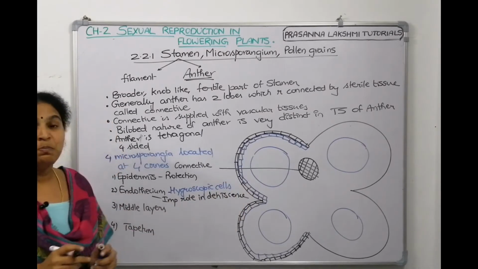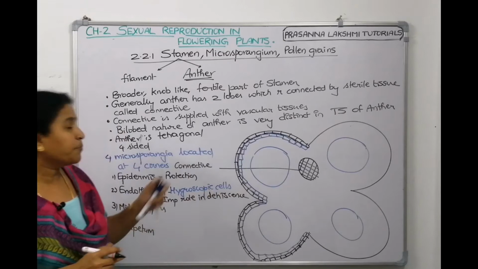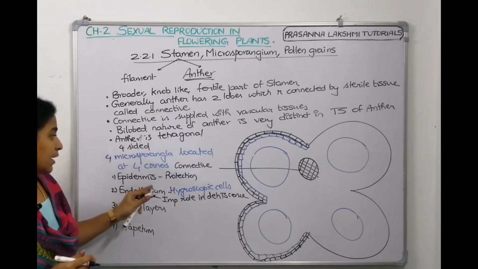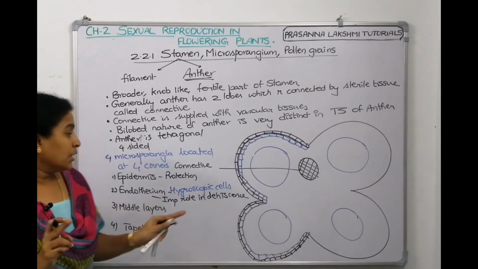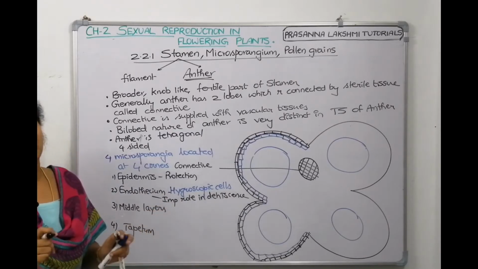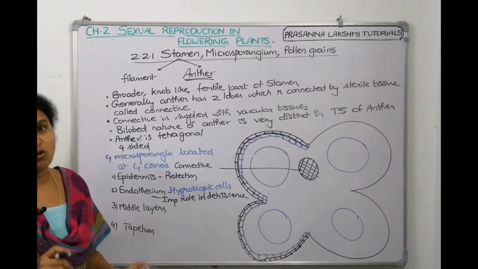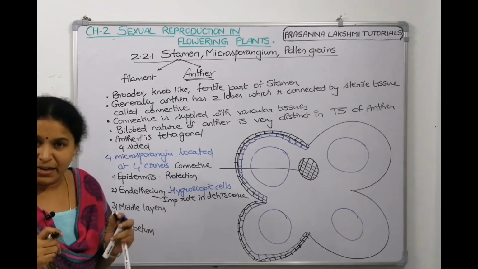What do you mean by dehiscence? Splitting of the anther walls to release the pollen grains out. So, first layer, children, epidermis, protection. Second layer, endothelium, it helps in dehiscence. They are hygroscopic, so they have thick walls, callose layers they have.